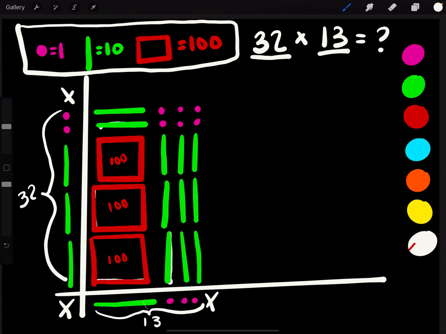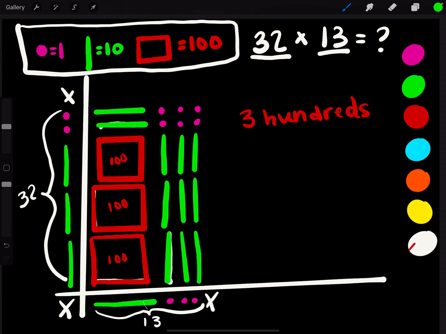So now we get to add all of the blocks that are inside the graph. Right now we have 3 hundreds. Now Mrs. Boynton has a hard time counting and knowing I got everything.